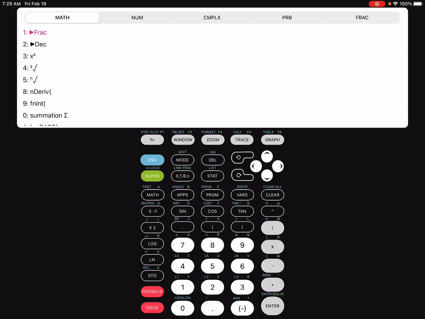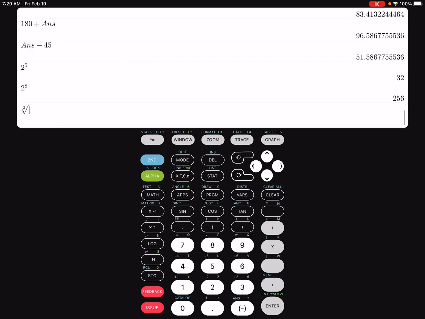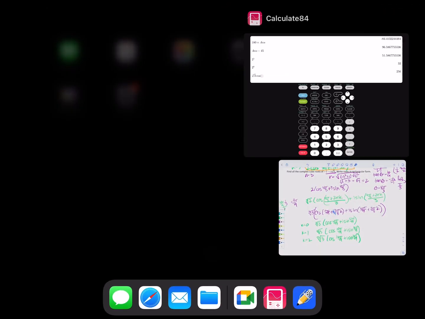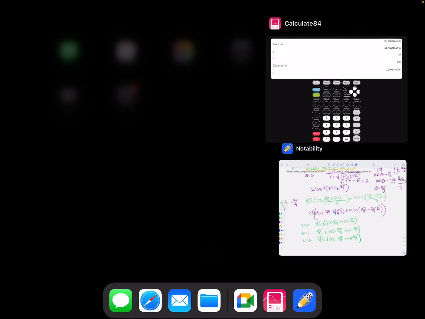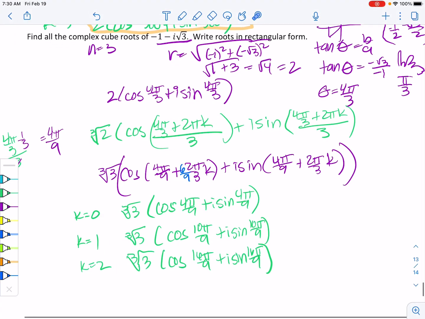Remember, to get to your cube root, you can do math, and then it's the fourth one down is the cube root. So the cube root of 3 times, whoops, I need to get out of the root, times the cosine of 4 pi ninths.